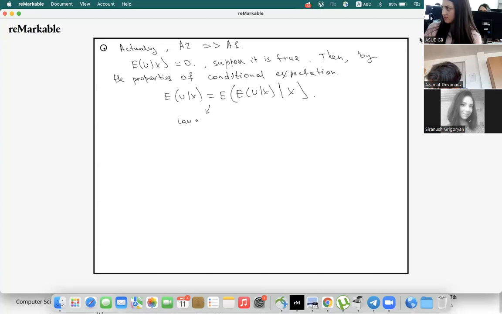Law of iterated expectations. If you don't remember, just go back to your probability and statistics class. It is there. I'm sure this is one of the most important properties of conditional expectations. So basically, you can write it this way.